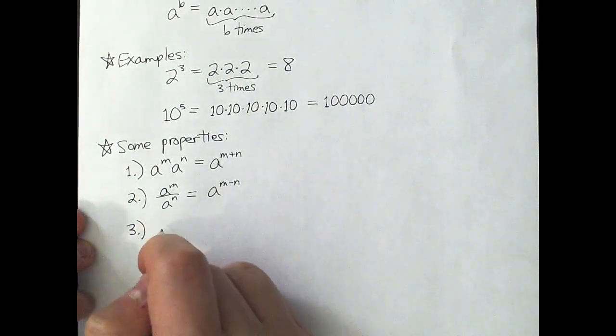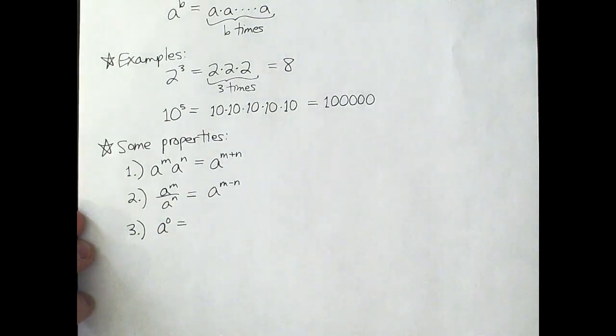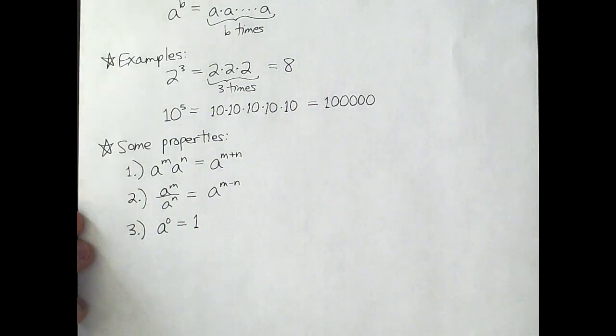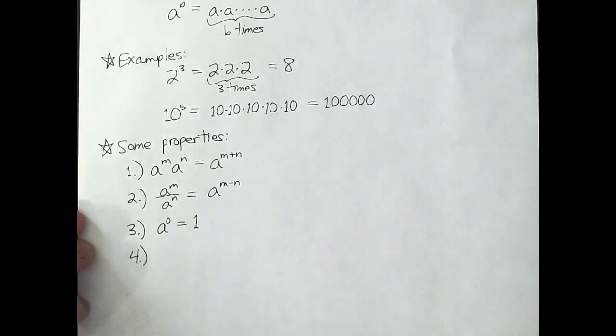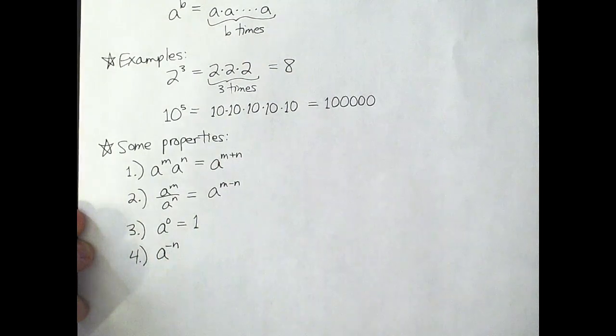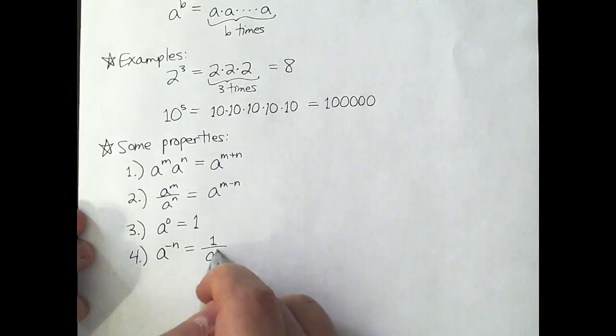Another property is that a to the 0, if I did something like 5 to the 0, or 4 to the 0, or 10 to the 0, whatever it is, it's always going to equal 1. Another property is for negative exponents. If you had a to the negative n, that's the same as 1 over a to the positive n.